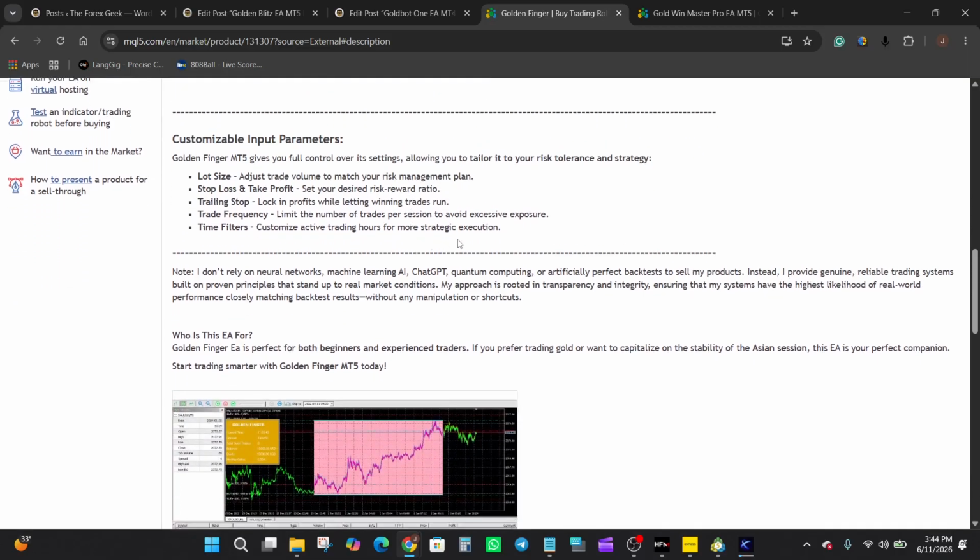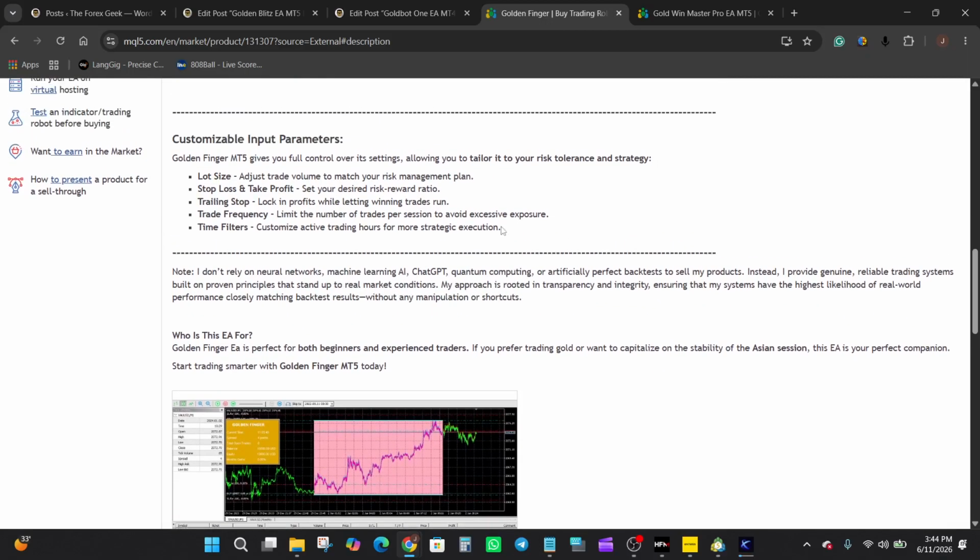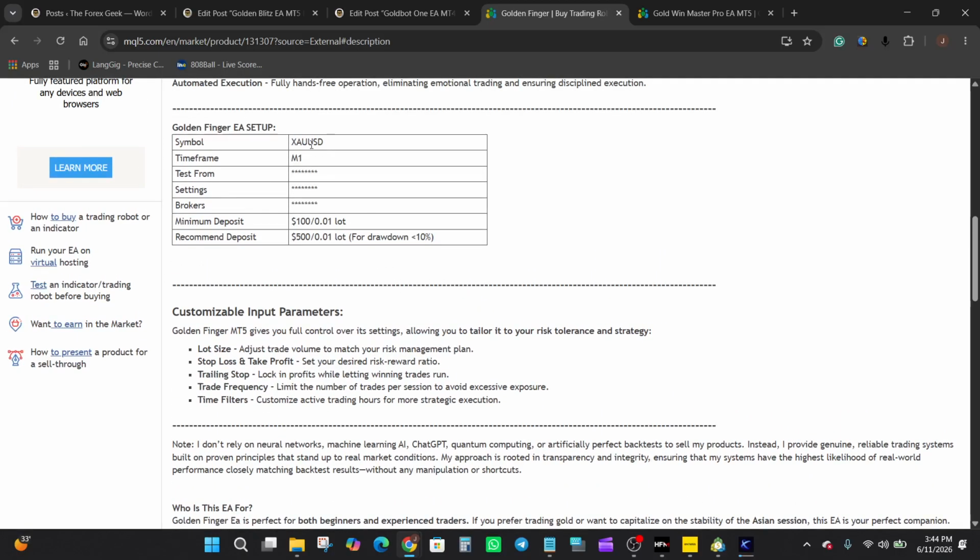Okay, so now moving into the backtesting section, the recommended setup is XAUUSD on the M1 time frame. It's also suggested to start with smaller deposits like $100 for 0.01 lots, with $500 recommended for lower drawdown expectations.